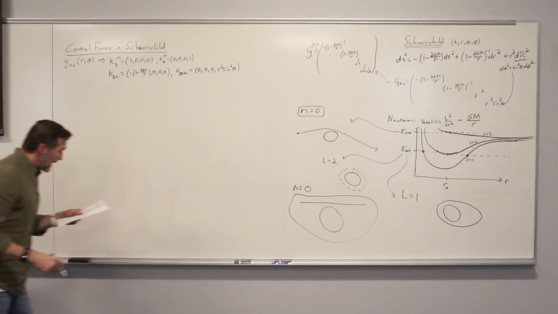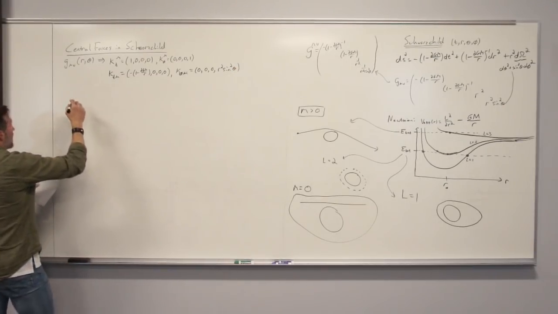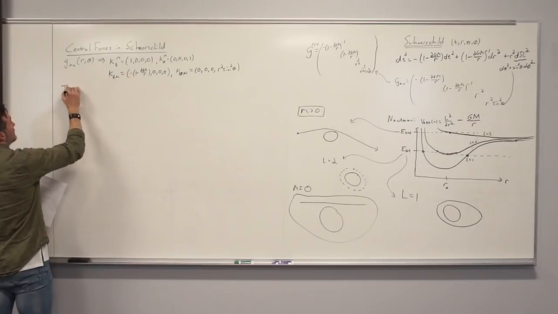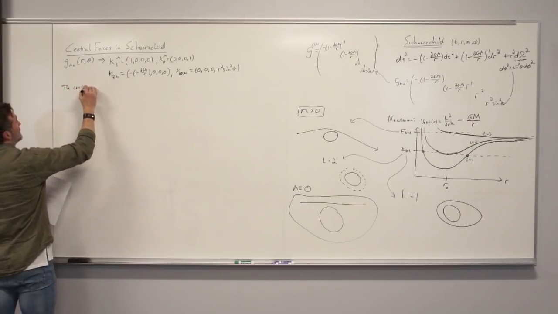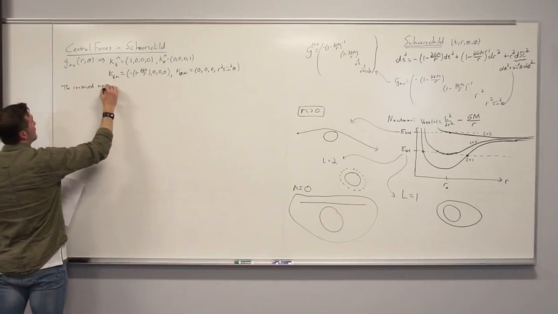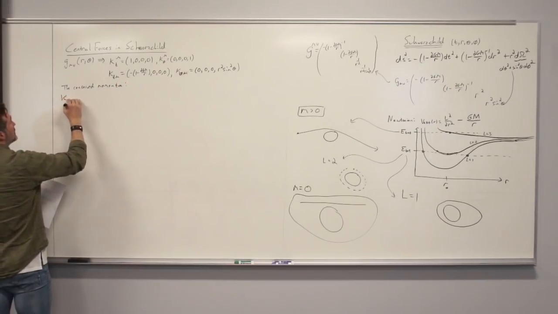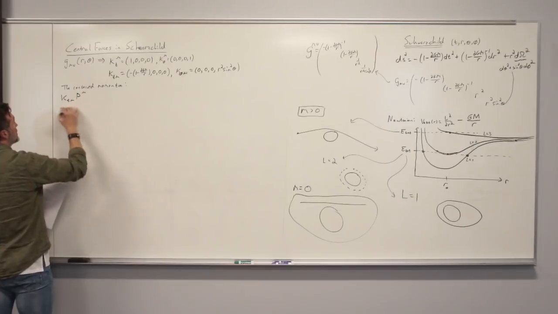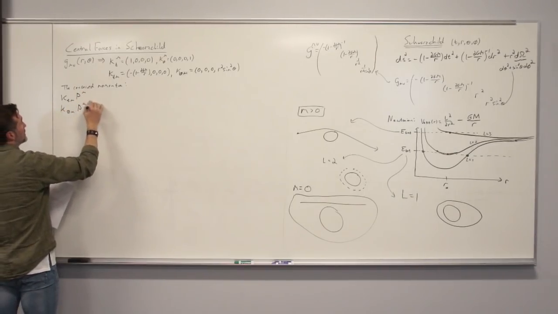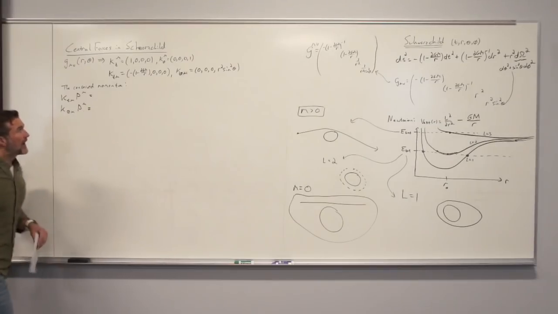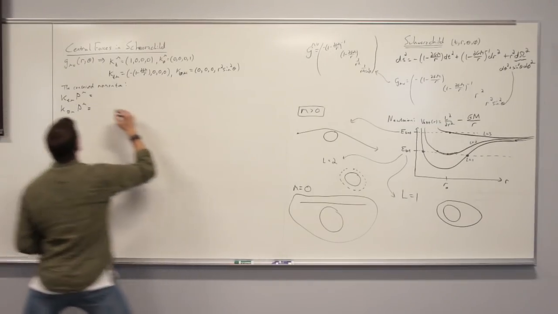Okay. And now I can find the conserved momenta by taking k_t mu and contracting it with p mu, and k_phi mu and contracting it with p mu. Okay. Now remember, how do we define p mu?